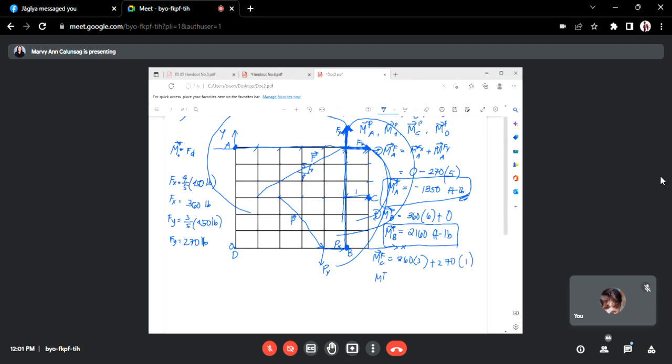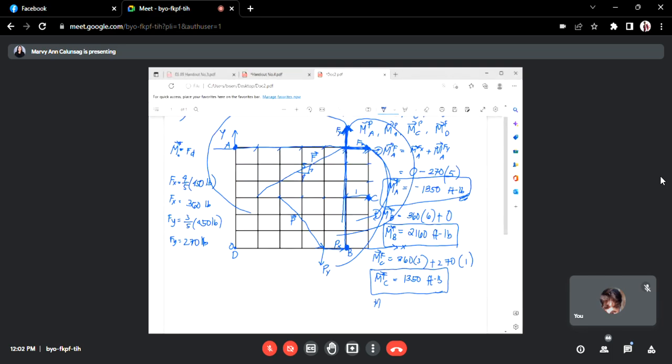So the moment of F about point C is 1,350. Correct? Compare with your own calculation, to see if you obtain the same answer.